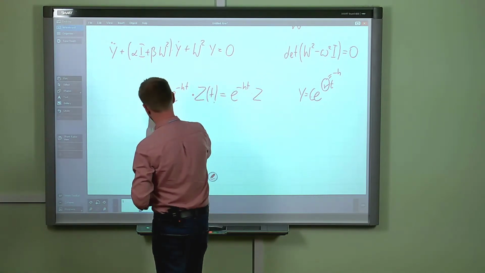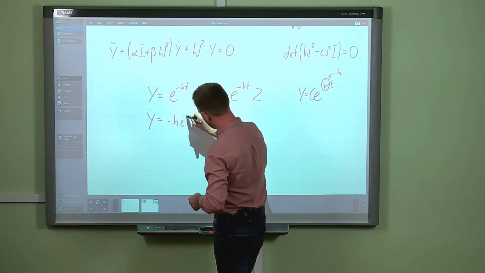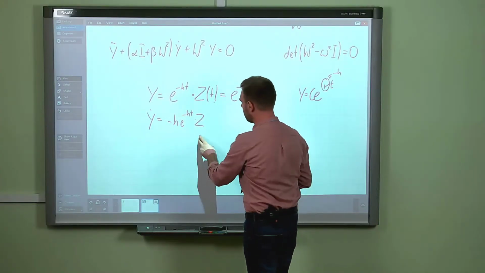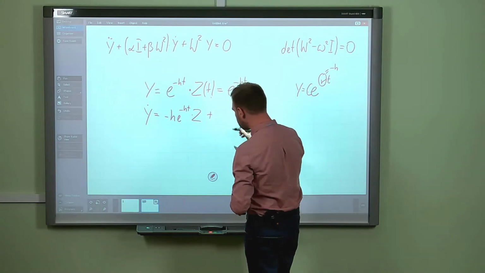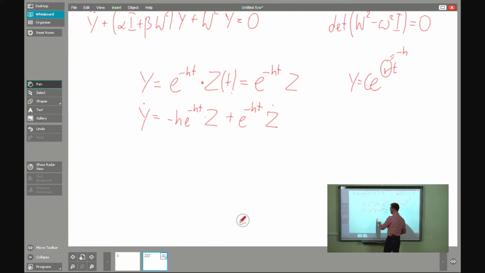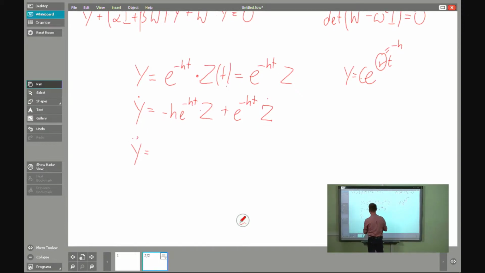As a first derivative, we have minus h e to the minus ht times z, as the derivative of the first term times the element without the derivative, plus the first element without the derivative times z dot. I mean, the second term will be differentiated, and in the next step we have to compute the second derivative, and it's as follows.